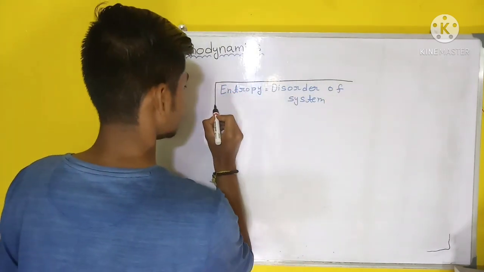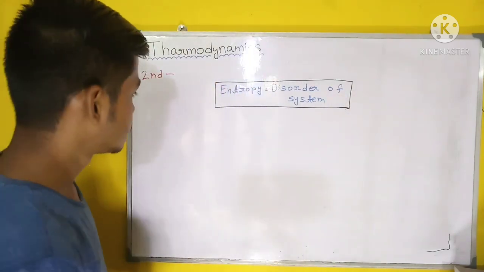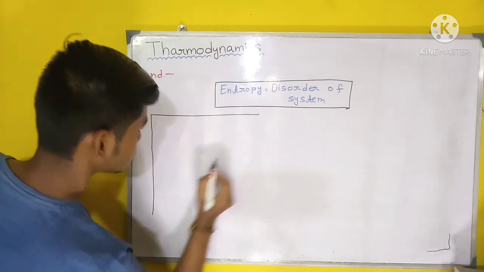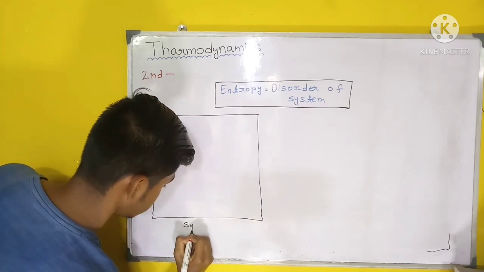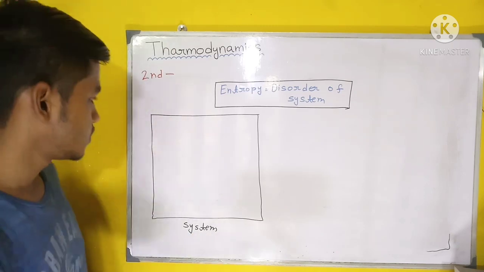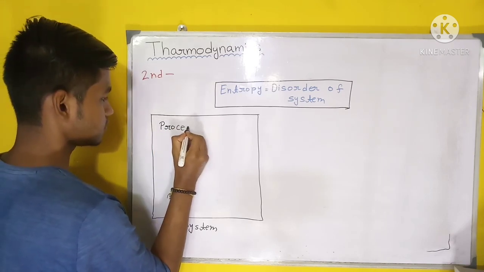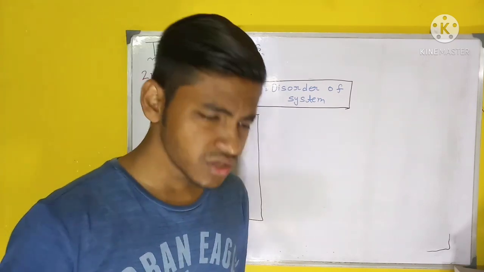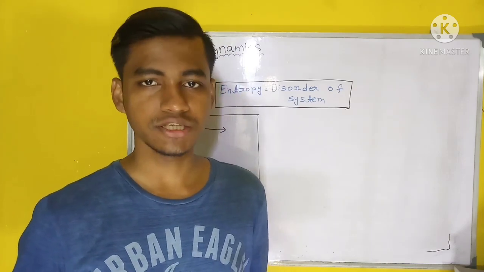So suppose, guys, this is a system, or a universe. Suppose it is a system, and in this system a process is going on, and we know that energy is constant, and we can never create energy, we can never destroy energy.